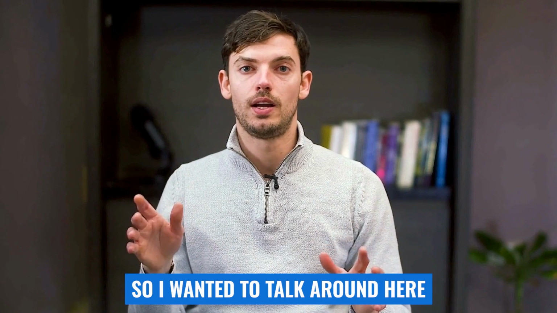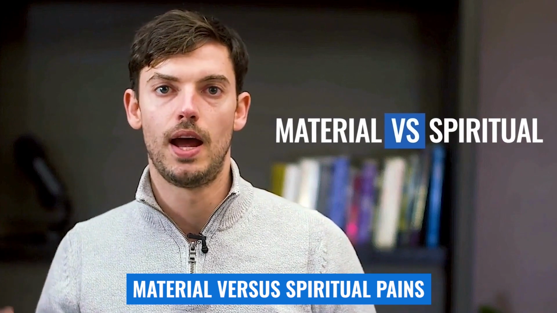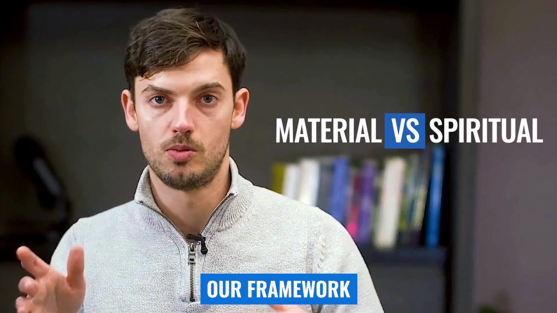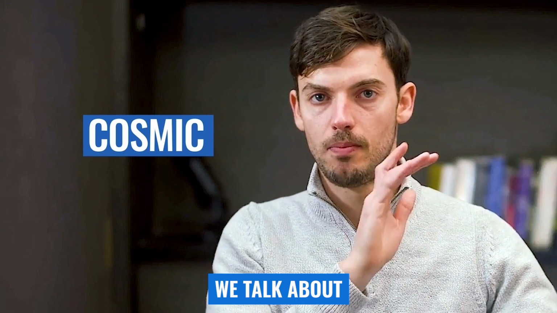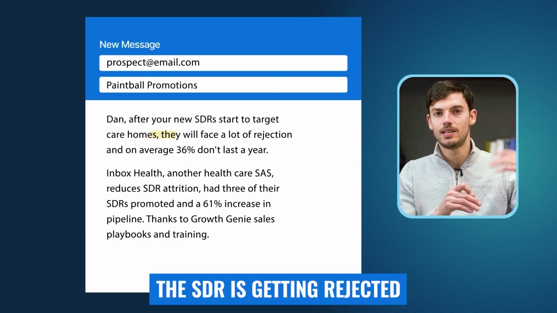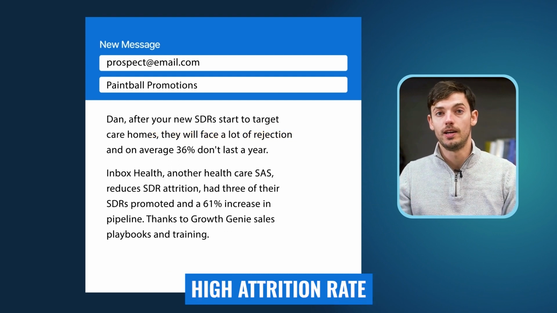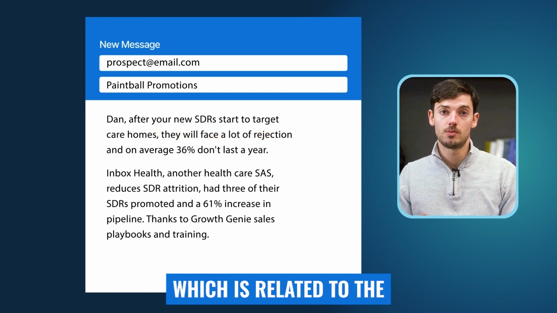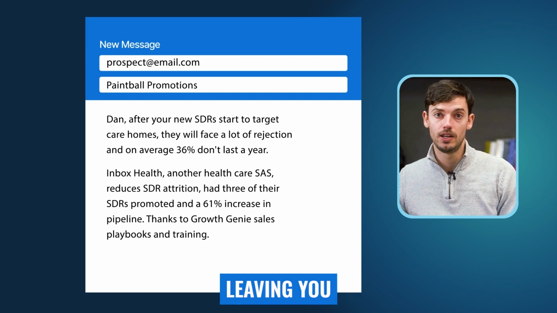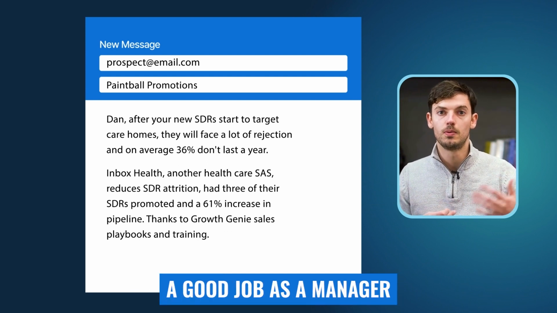So I wanted to talk around here, material versus spiritual pains, which goes into our framework, Cosmic. So you can see we talk about a bit of a spiritual thing here, which is the SDRs getting rejected and having a tough job, and also the fact that there's high attrition rate, which is related to the spiritual pain of your sales team leaving you and that you haven't done a good job as a manager.